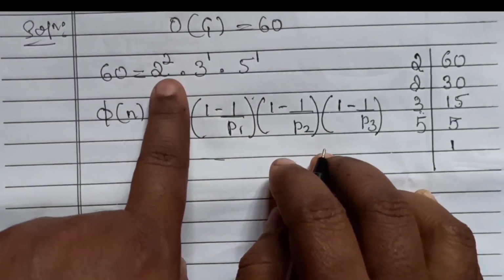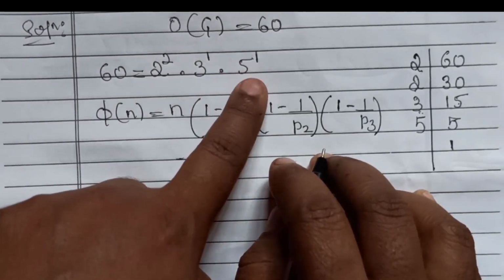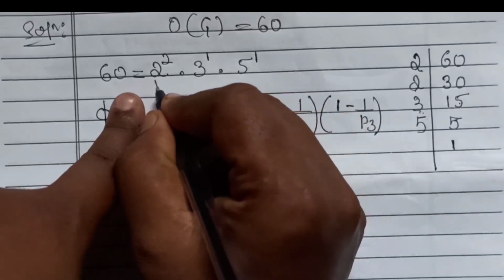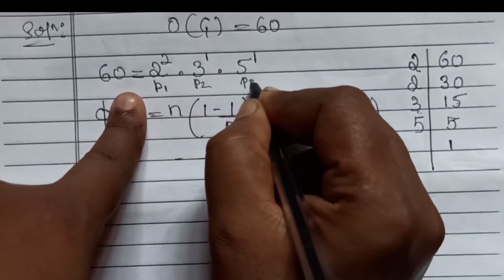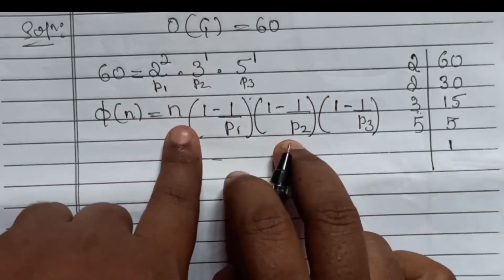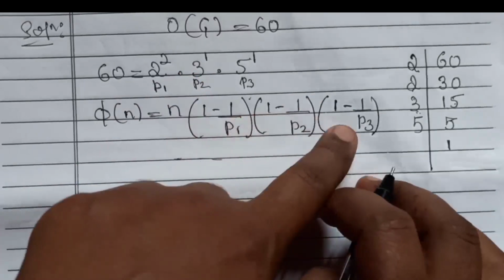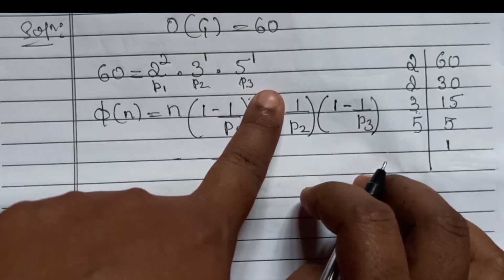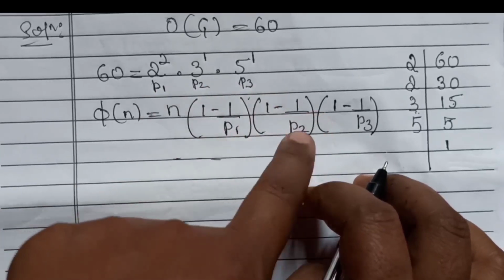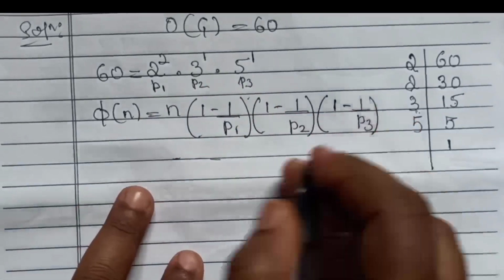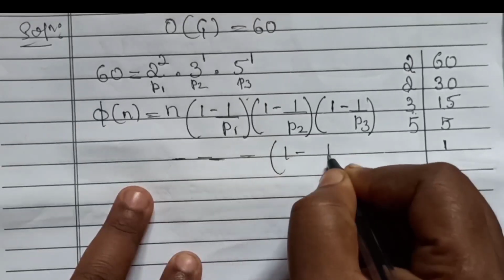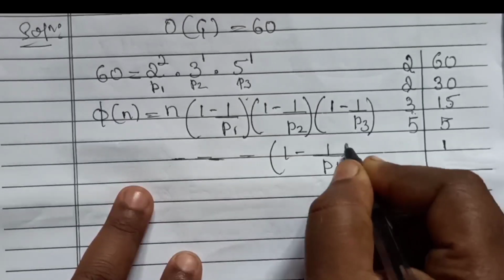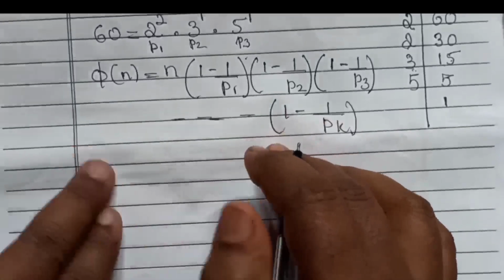But in this case we have only 3 prime factors, that is 2, 3 and 5. We treat them as p1, p2 and p3. Therefore I will write the formula this much only, and in general you write 1 minus 1 by pk. Okay, this is the formula.